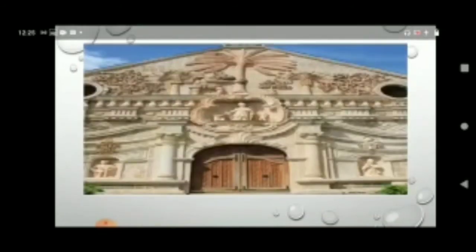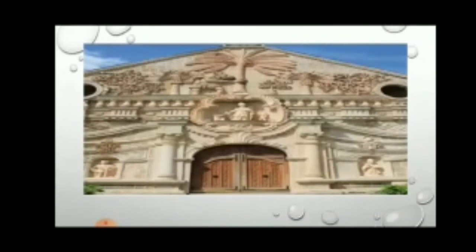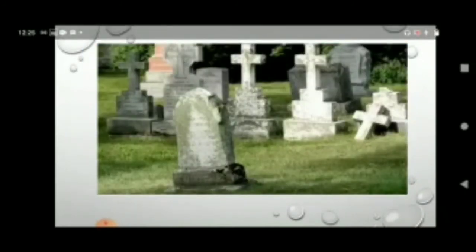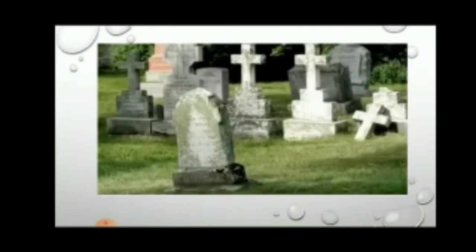The building, this is a picture of a church where Christians do their prayer, like Muslims do their prayer in the mosque, and Hindus do their prayer in temple. So this is an old building, which is made of natural rocks. Gravestones are also made of natural rocks.